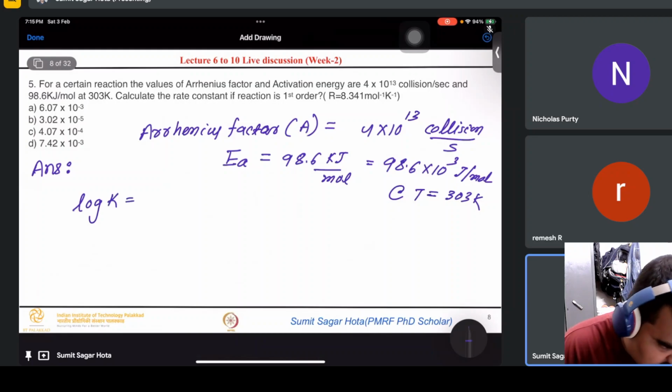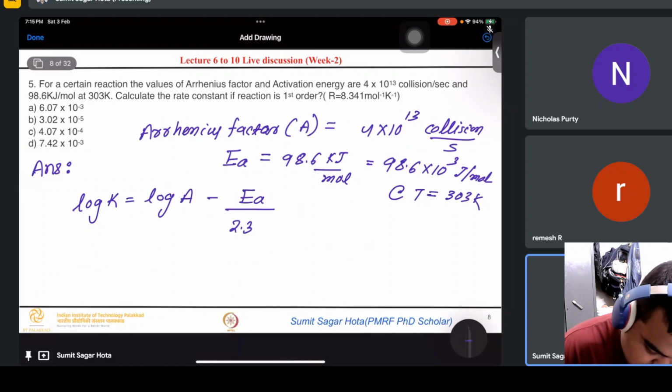log K equal to log A minus Ea by 2.303 RT. This formula you should remember. All these things are given.